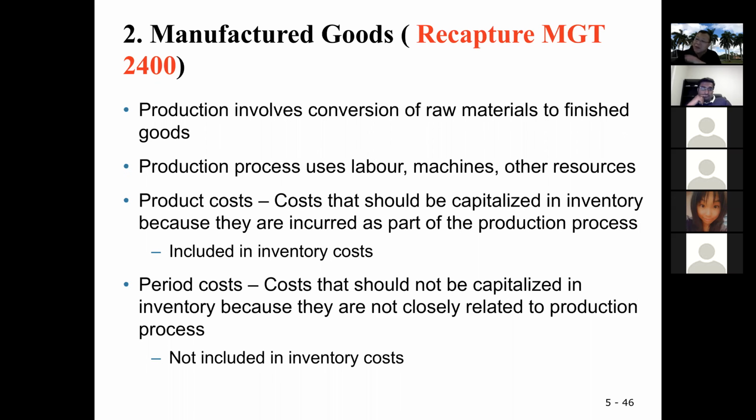It's not directly related to production. Normally the product cost will be included in the inventory cost, and the period costs are not included in the inventory costs. The period costs are expensed on the income statement, and the product costs are captured into the inventory on the balance sheet.